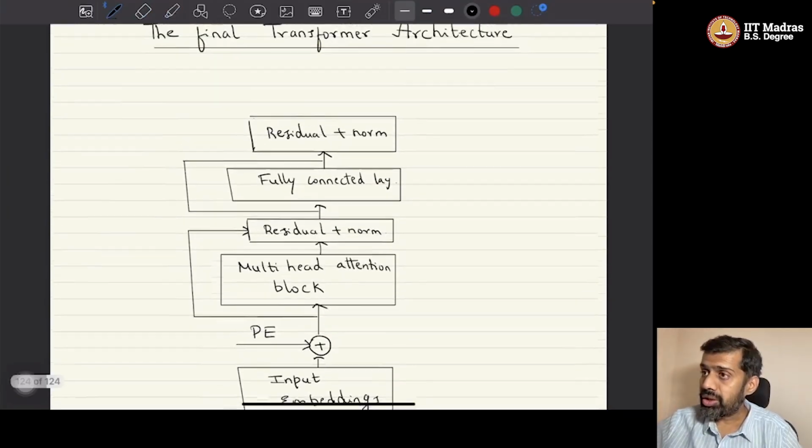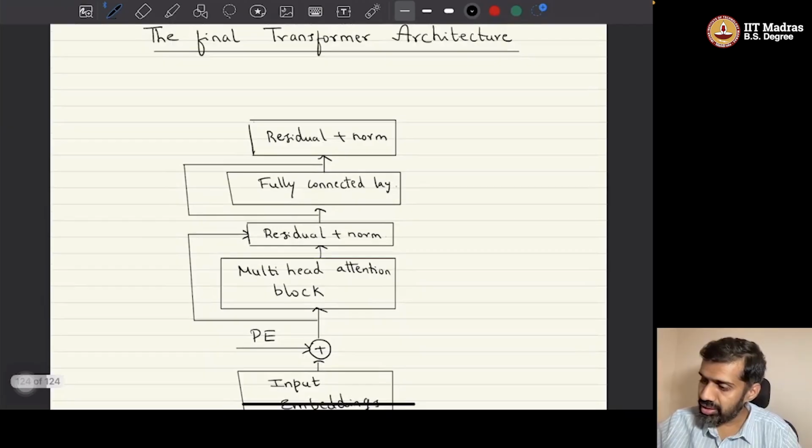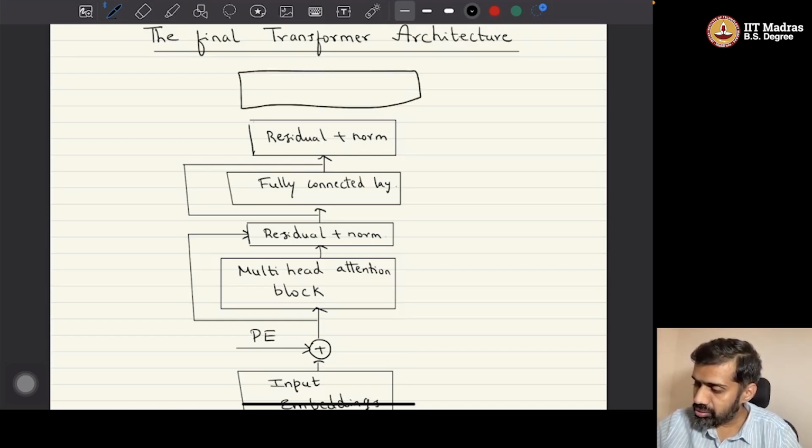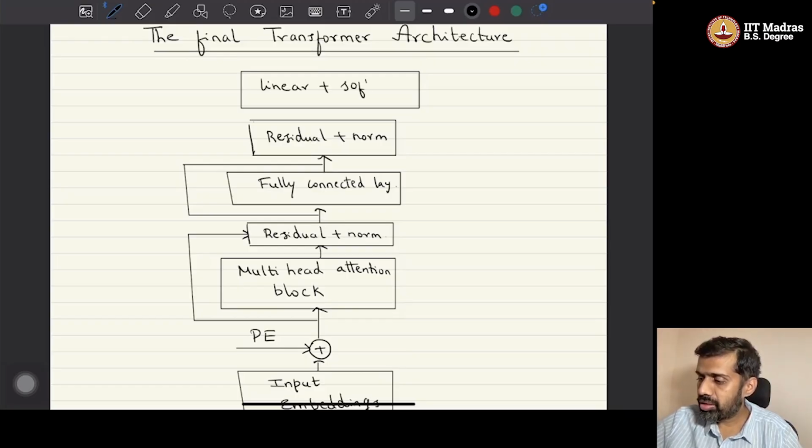Once this is done, the final thing is to have a linear plus softmax layer here, and this will give us a y.